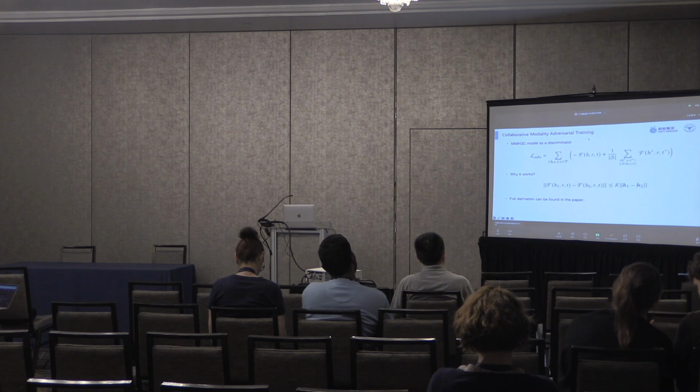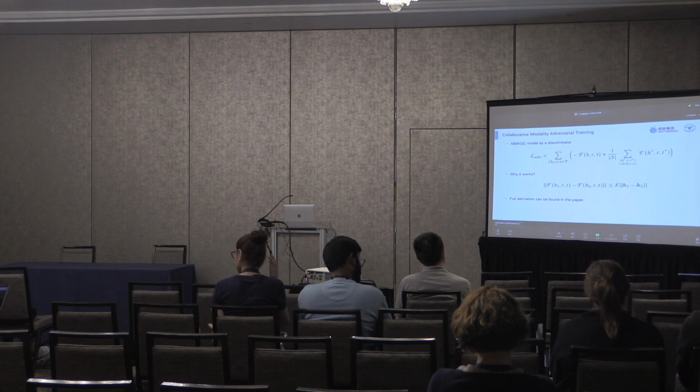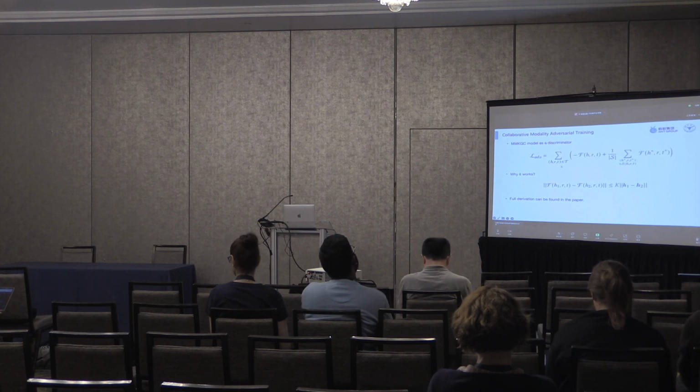We play a min-max game between the generator, which is a two-layer MLP, and the KGC model, which is implemented by the entity embeddings. We also give a theoretical analysis to show why such a design would work, and the further derivation can be found in the paper. If you are interested in this derivation, you can refer to our paper to know more about it.